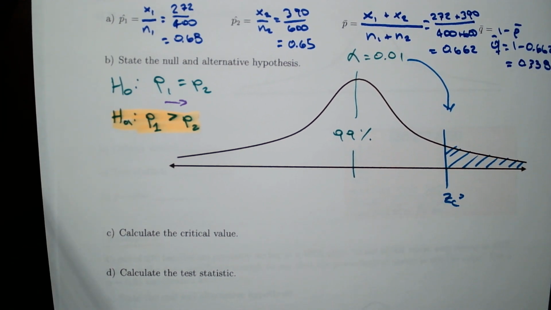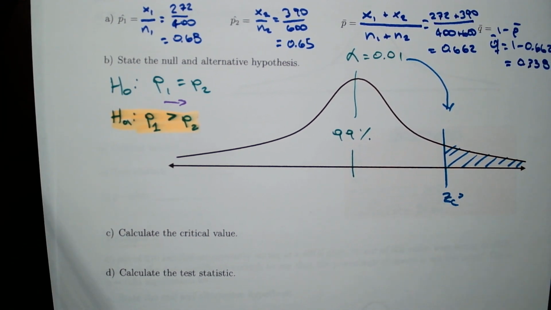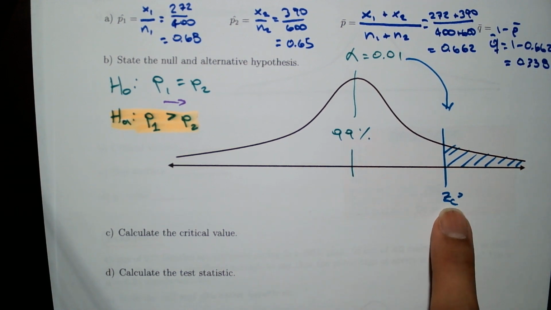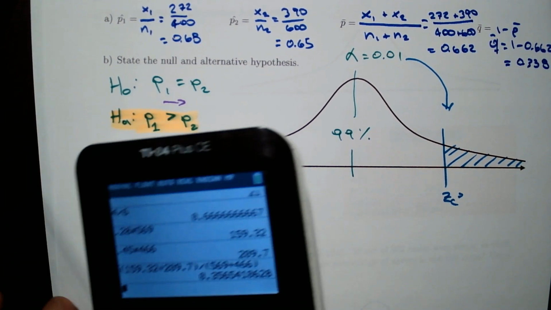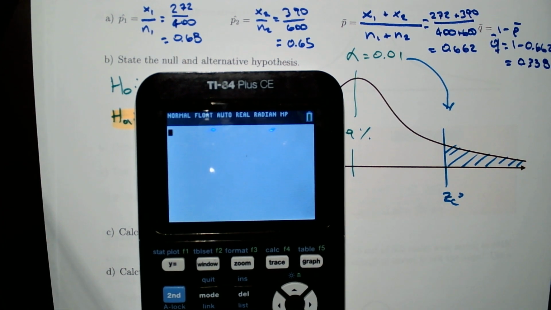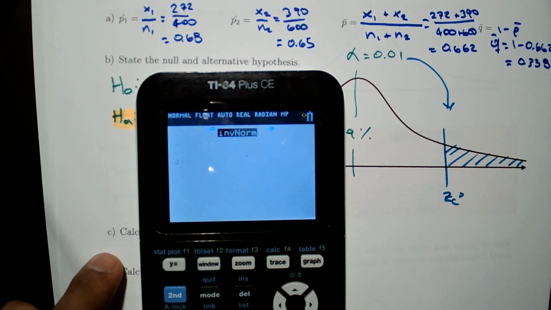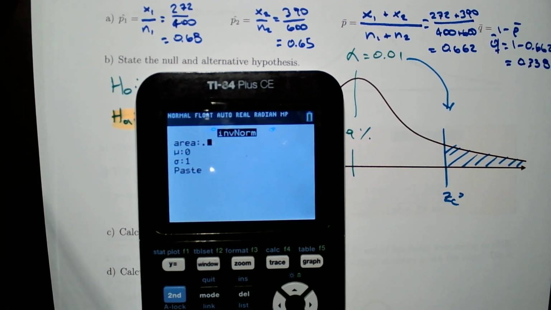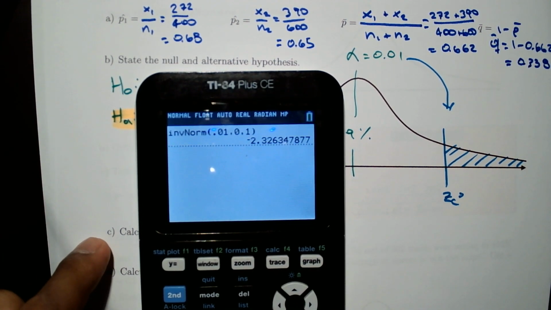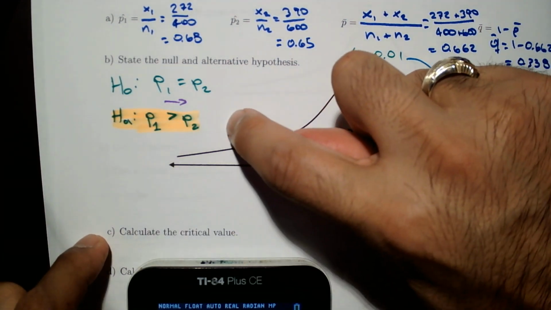Again, you have two options when it comes to finding the Z critical. This is basically 0.99 here. You can just go ahead and reset, second DISTR, invNorm. If you do the 0.01, that's fine. The thing is that you are going to get the negative version.